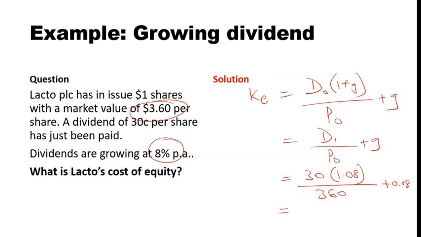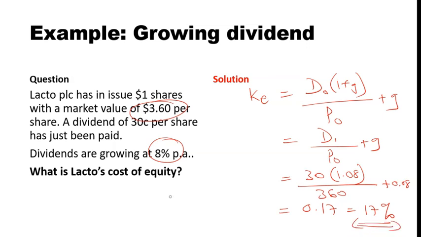So this should give us some value, and this should be 17%. Okay, please cross-check with your calculators.